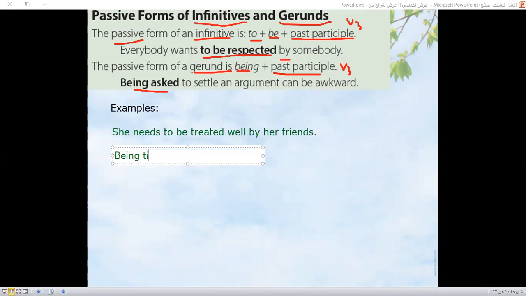Being told that I won the game or the competition is exciting, is really exciting. Being told that I won the game is really exciting. You see, I have here being, and then I have verb 3 of tell, which is told. Okay, always use verb 3. Clear? Yes. Okay.